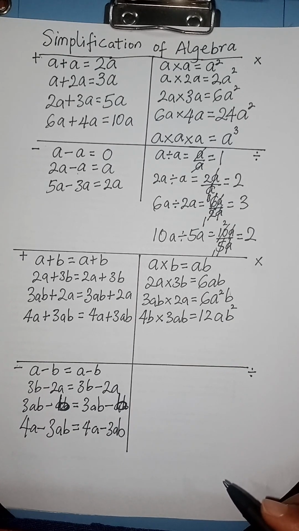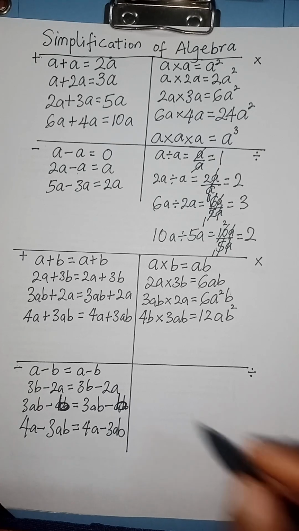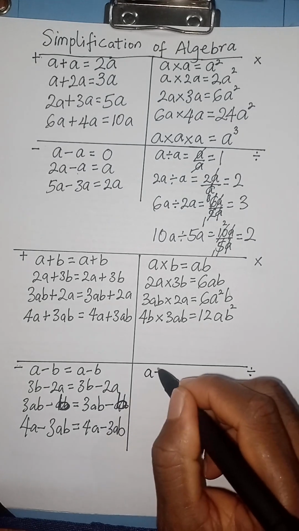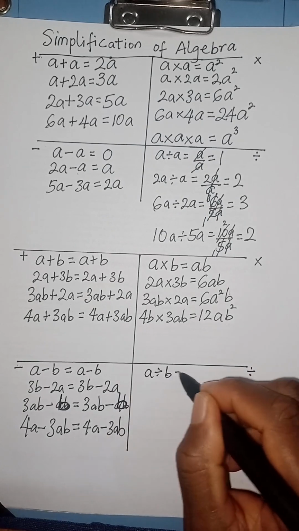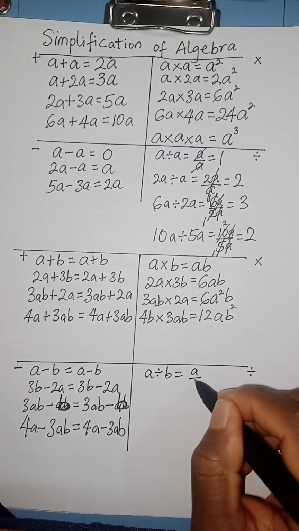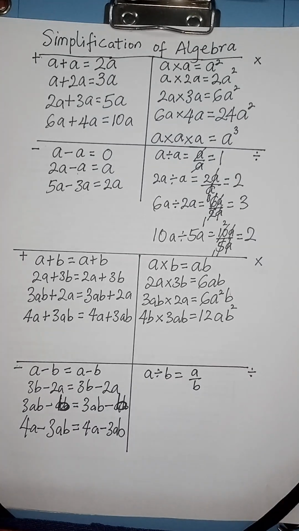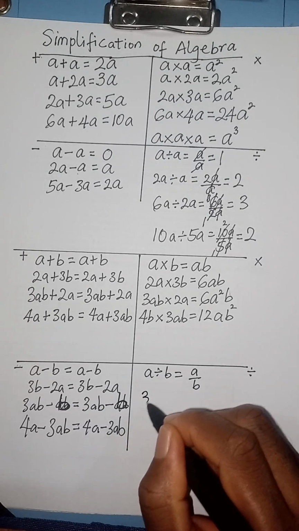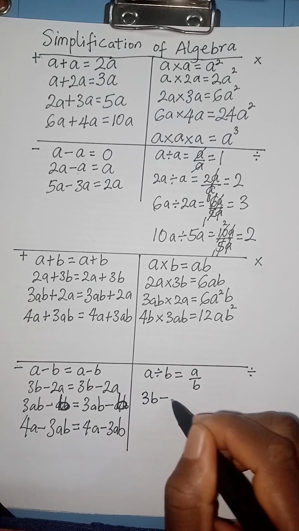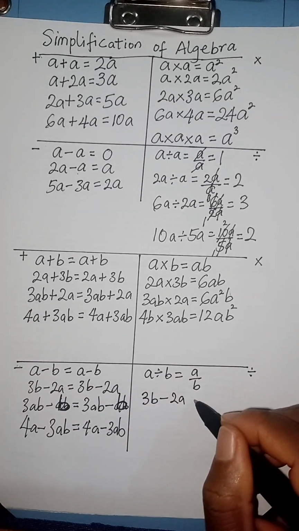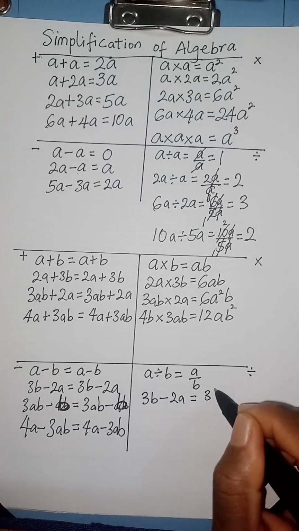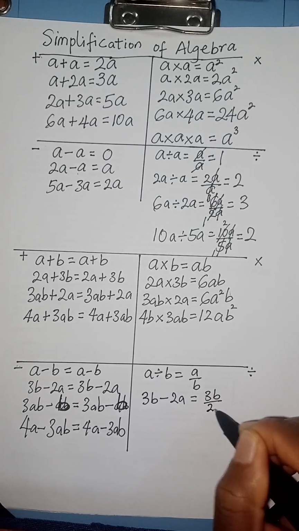The last one is division. If I have a divide b, it's going to be a over b. It can't divide. If I have 3b divide 2a, it's still going to be 3b divide 2a.